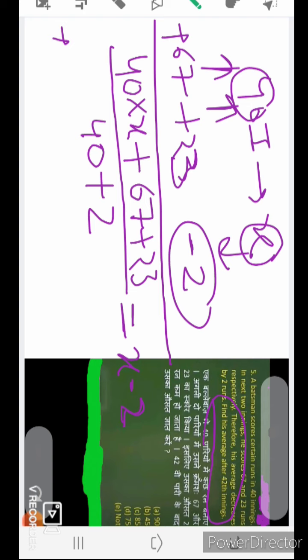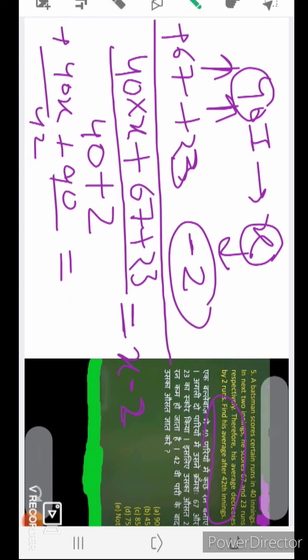How are you going to get the value of x? So it is 40x plus 90 upon 42, since 40 plus 2 is 42, and this is x minus 2.